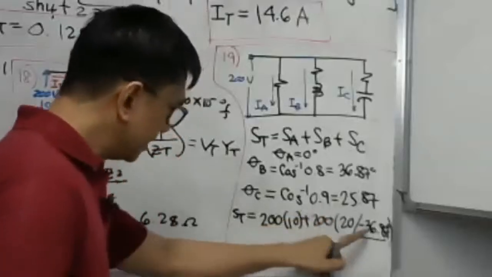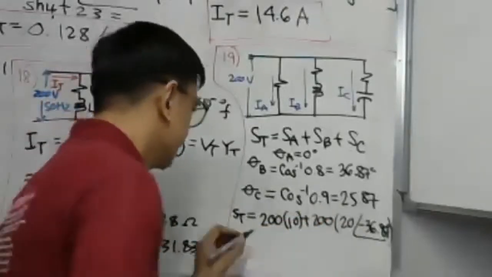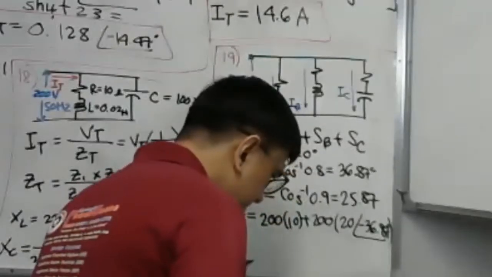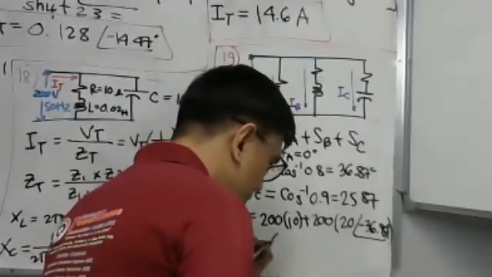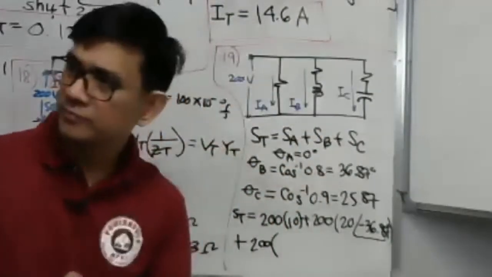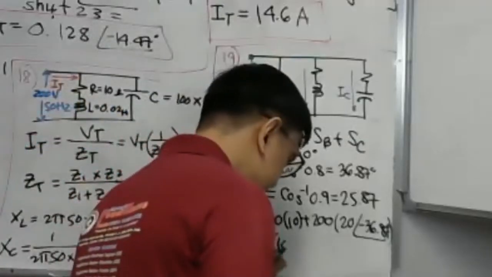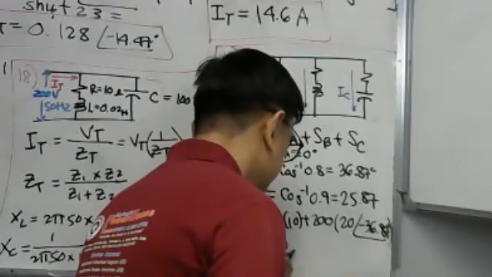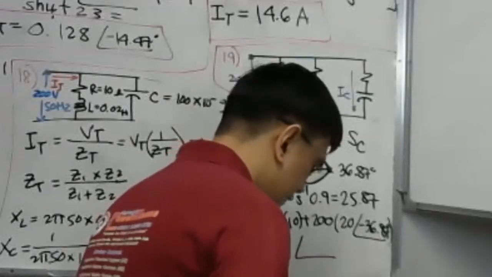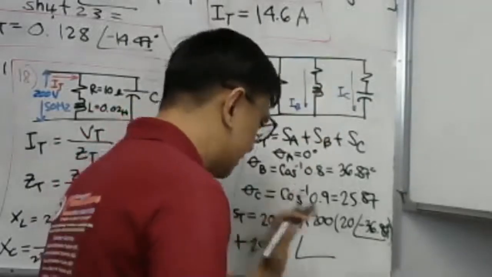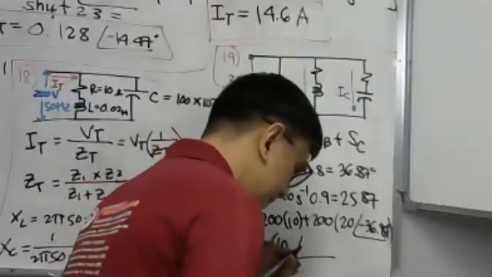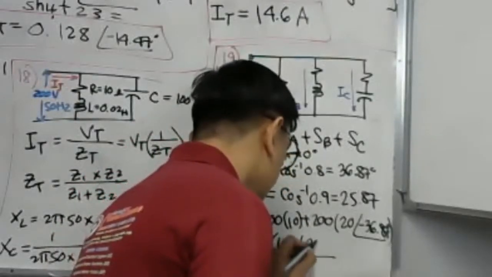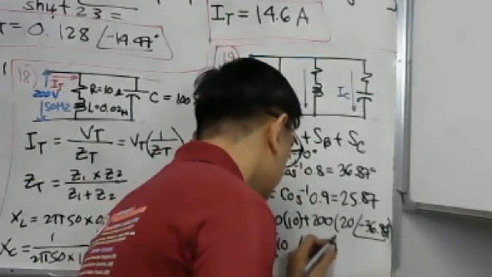Take note, this should be negative because this is inductive. Then for SC, that is 200 multiplied by again 10 amperes. Since this is capacitive, we have a positive angle, 25.84.